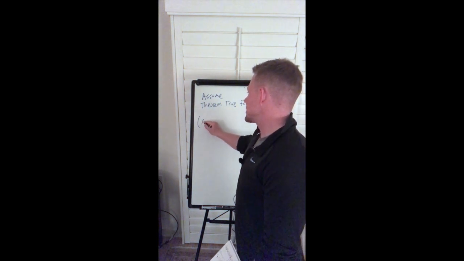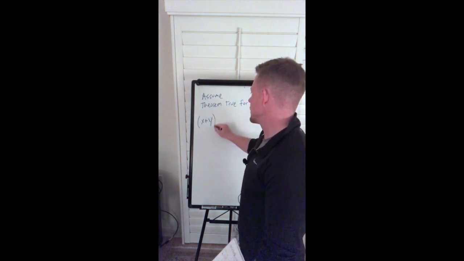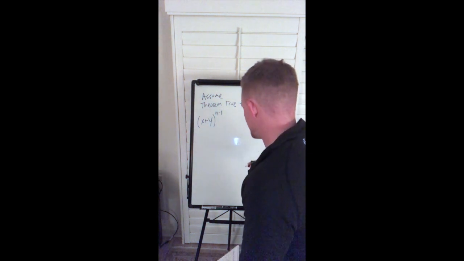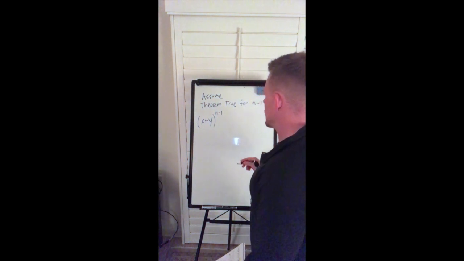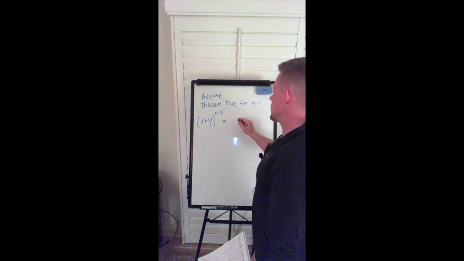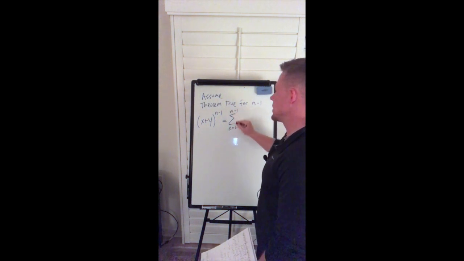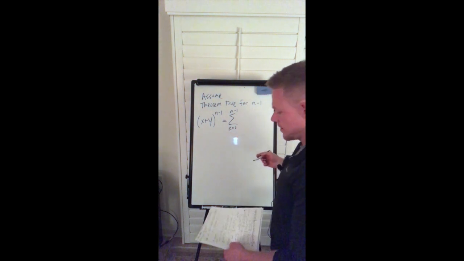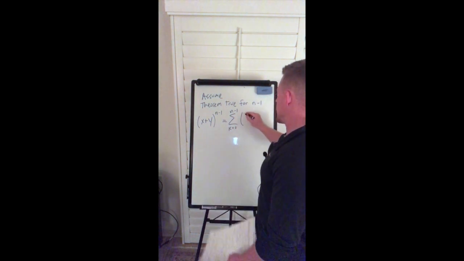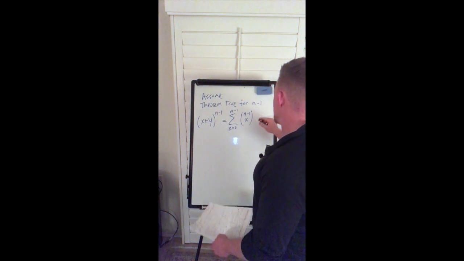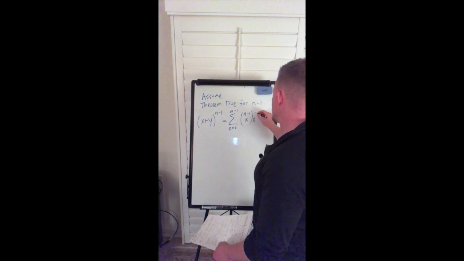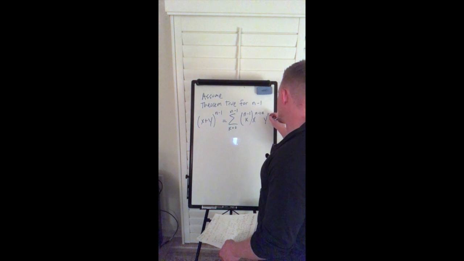We could say that x plus y to the n minus 1 is equal to the summation of k equals 0 to n minus 1, because now we're using n minus 1 instead of n, of n minus 1 choose k times x to the n minus 1 minus k y to the k.